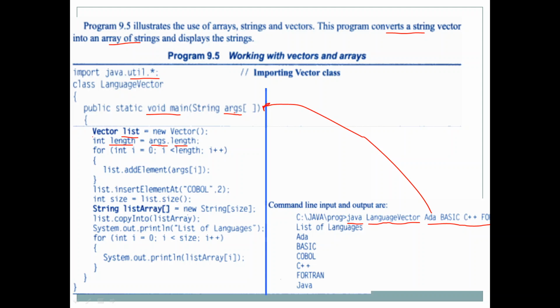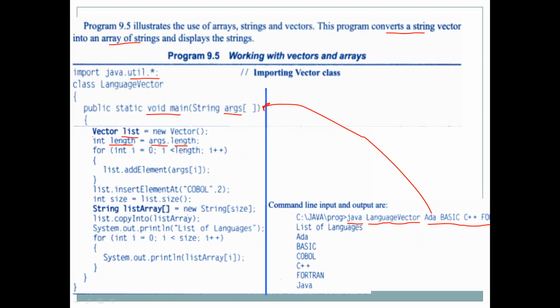These are stored in the args array, remember. And when I say args.length, this will give us the length of this args, whatever the number of elements stored in the args. If you look here, we are passing maybe 1, 2, 3, 4, and one more element, so 5 elements to the args.